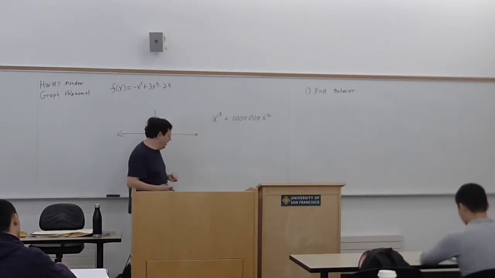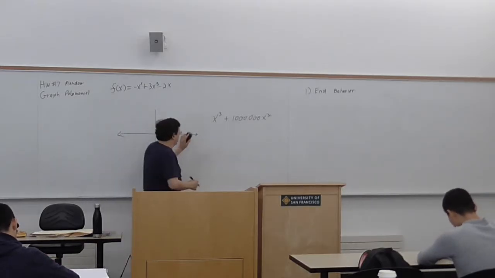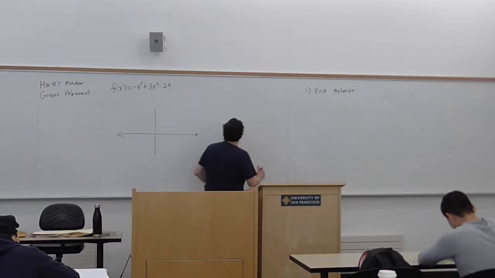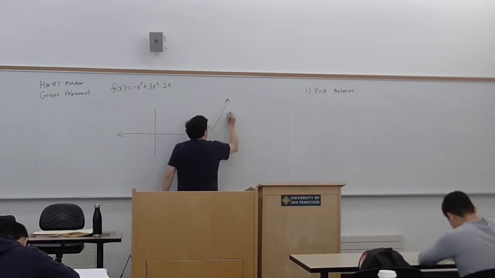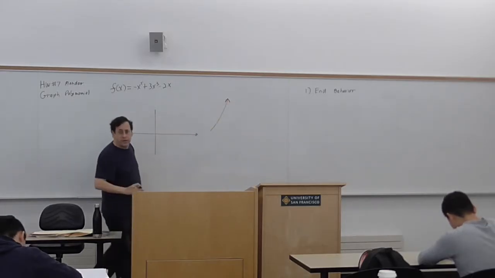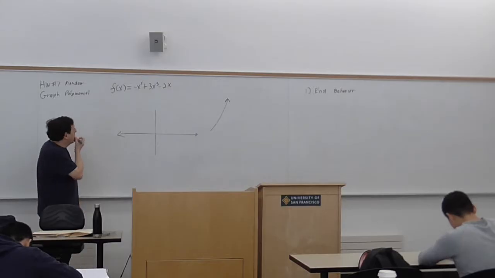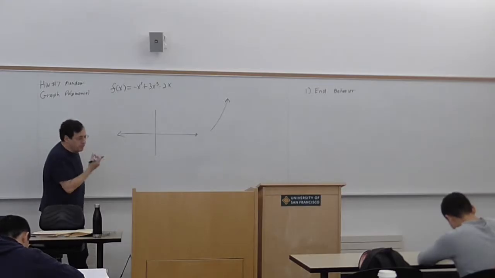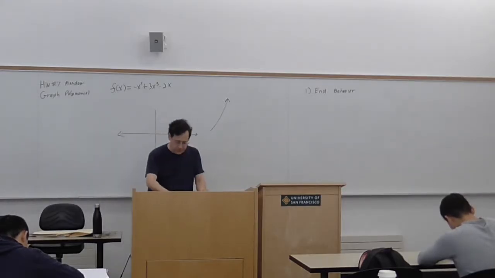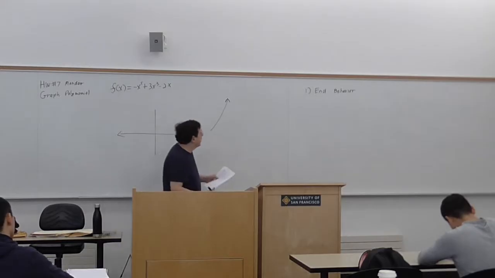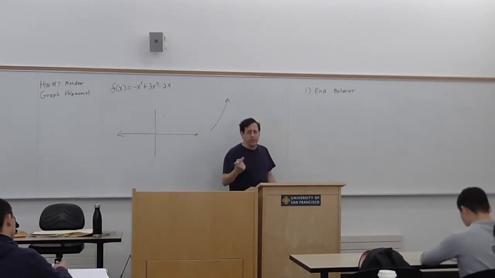And when I talk about end behavior, that's what I'm talking about. What happens out here when that term starts dominating? So this is actually pretty easy to see what's going to happen. There are two cases.